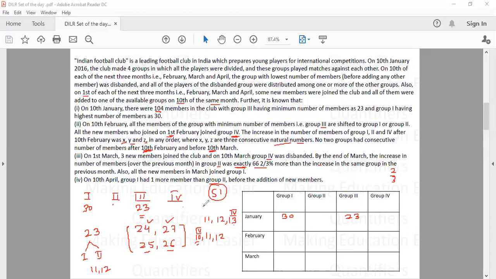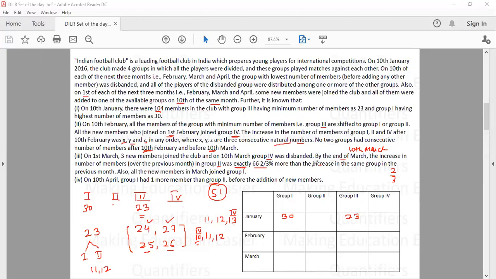Now we know that since it is talking about the end of March, that means the 10th of March is already gone. So the distribution of March already happened. So in that month, the increase was exactly 2/3 more than the increase in the previous month.